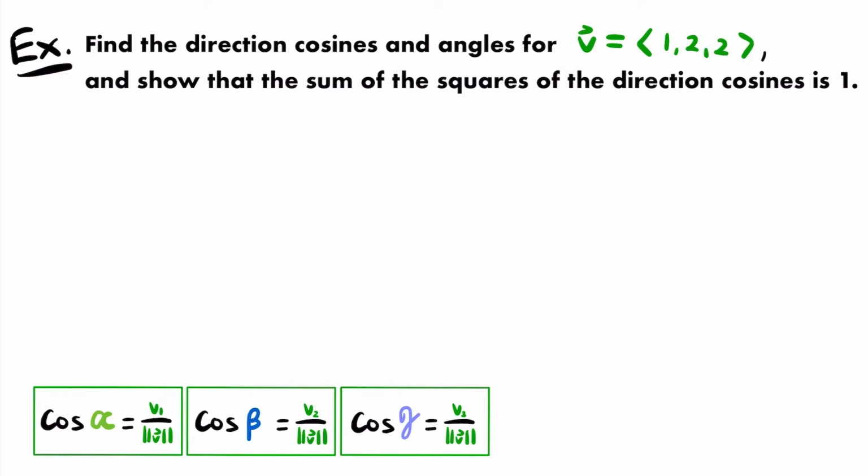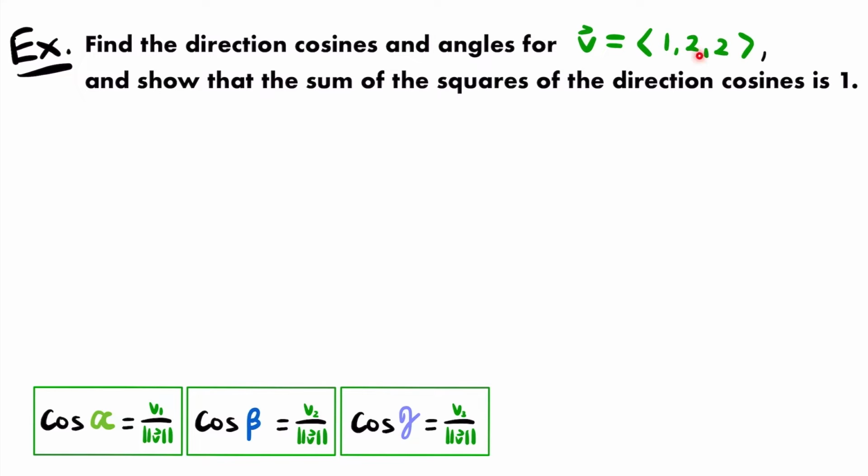To find each of these direction cosines, we take the corresponding component from our vector and divide it by the magnitude of that vector. So cosine alpha is equal to v1 divided by the magnitude of v, where v1 is the x component.